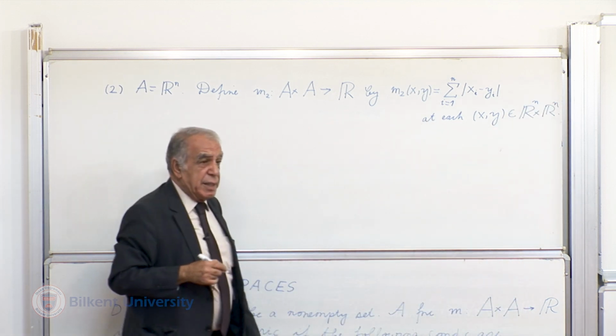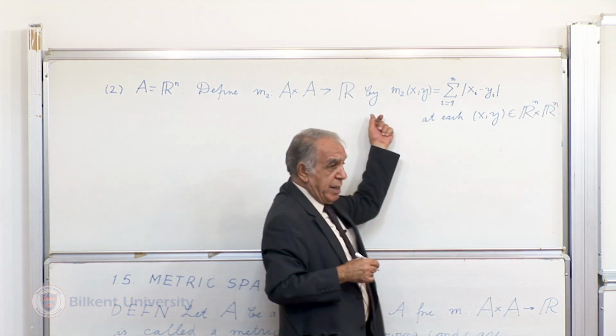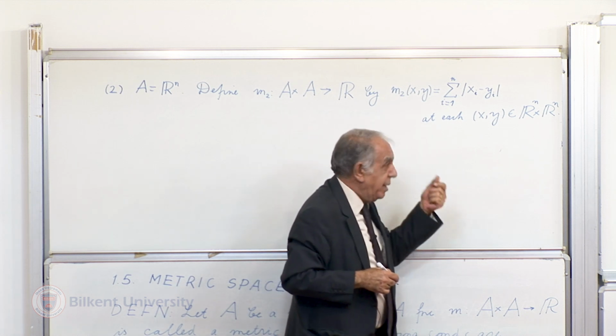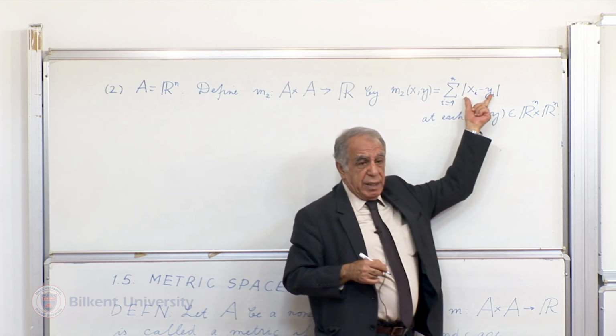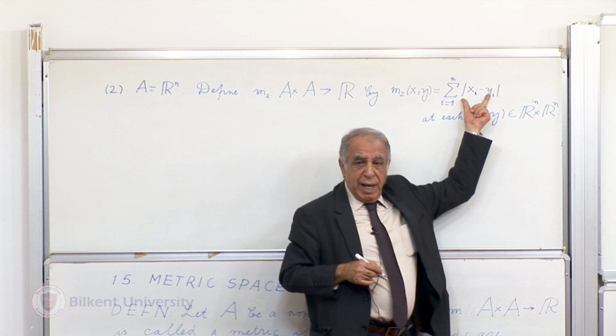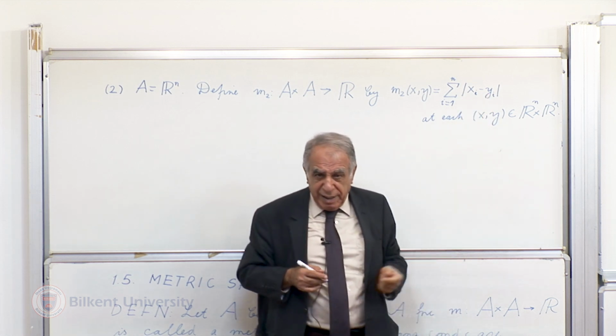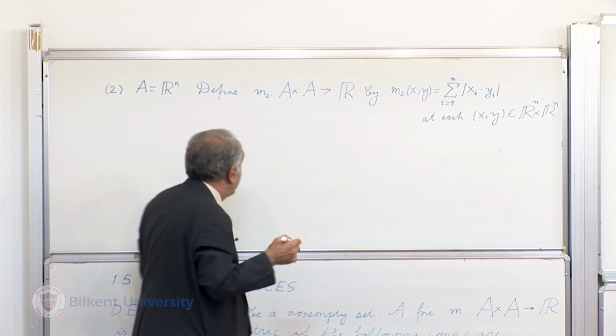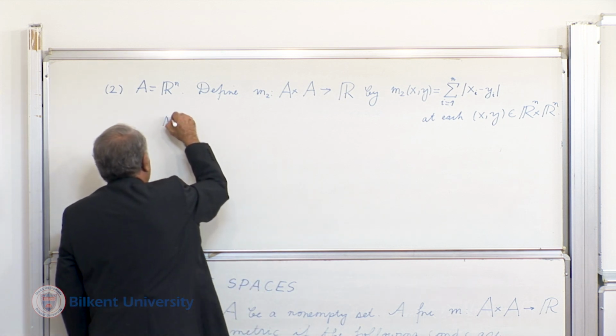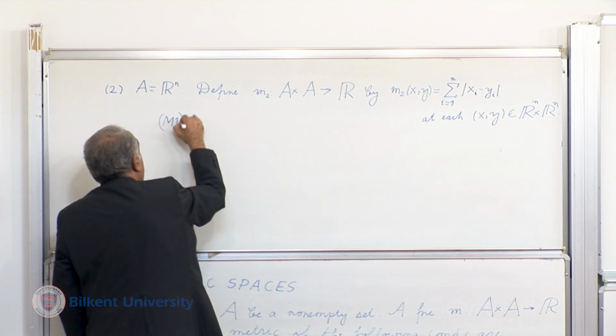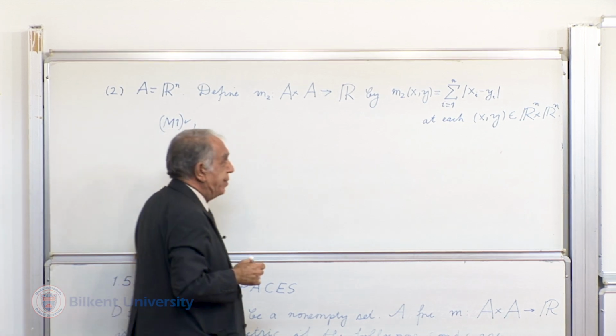Is M1 satisfied? Well, take any x, y, any two n-vectors. Each of these quantities is non-negative. The sum of non-negative quantities is non-negative. So M1 is satisfied.